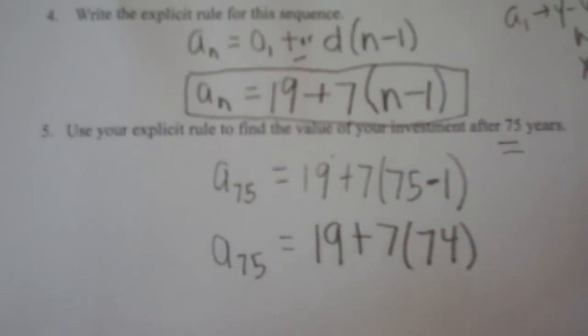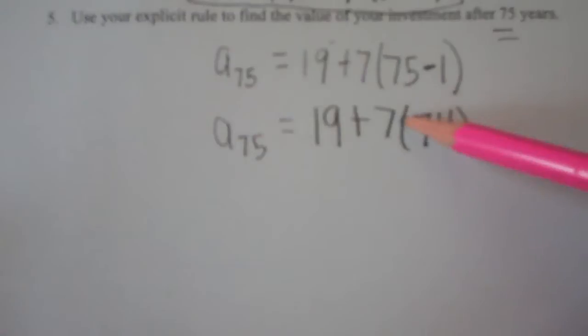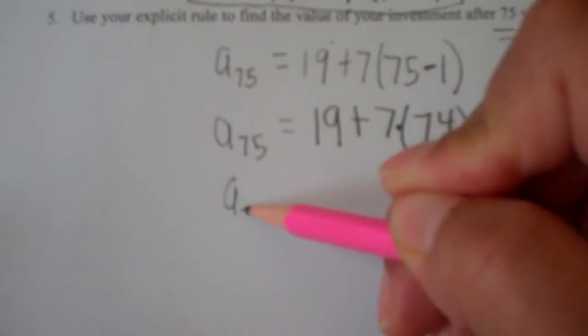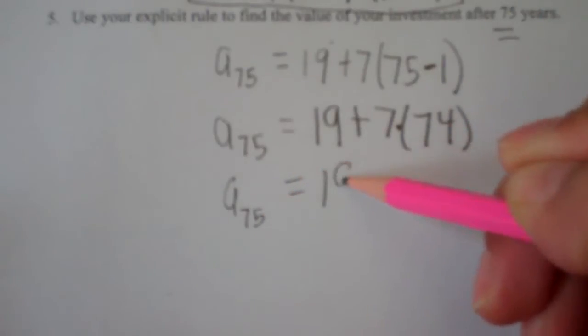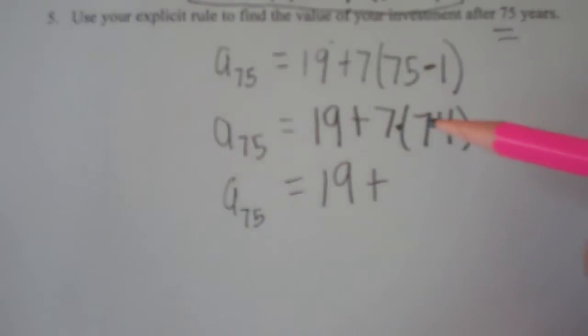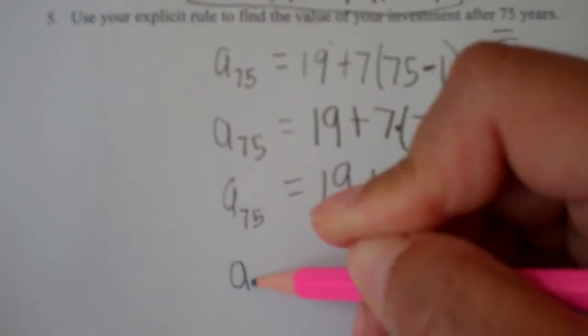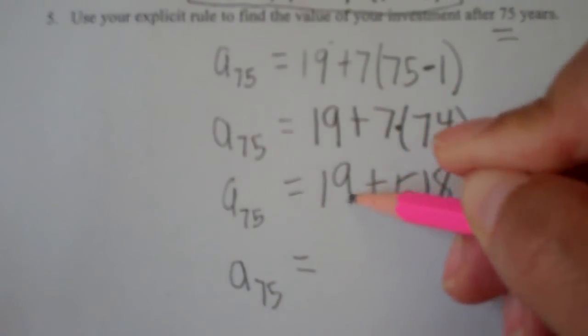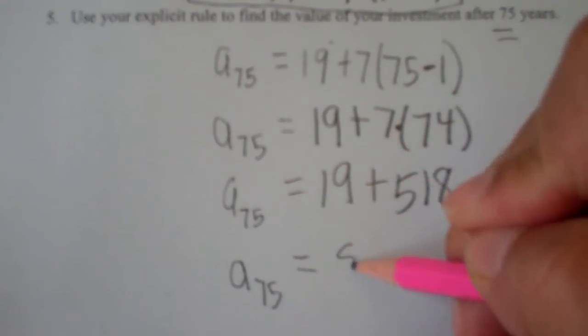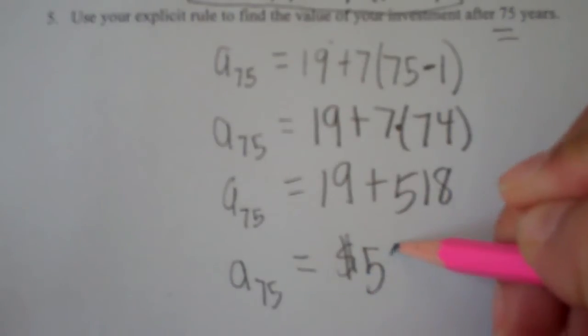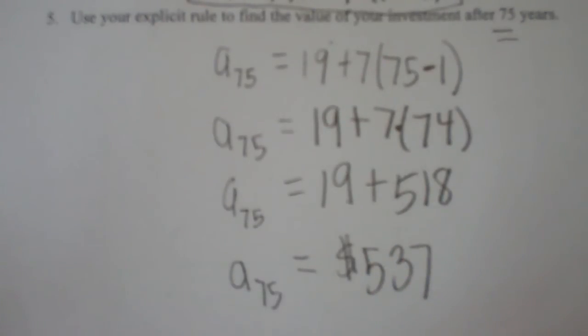Just did that by subtraction. We now have to do order of operations, which means we have to multiply now. A sub 75 equals 19 plus 7 times 74, which is going to give us 518. And lastly, we're going to do that addition. 19 plus 518 is going to give us an amount of $537.